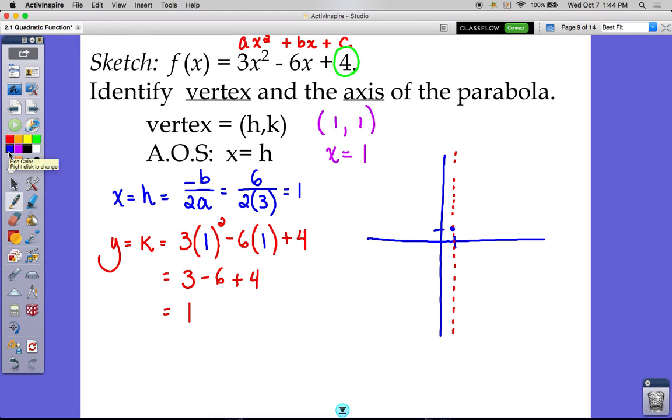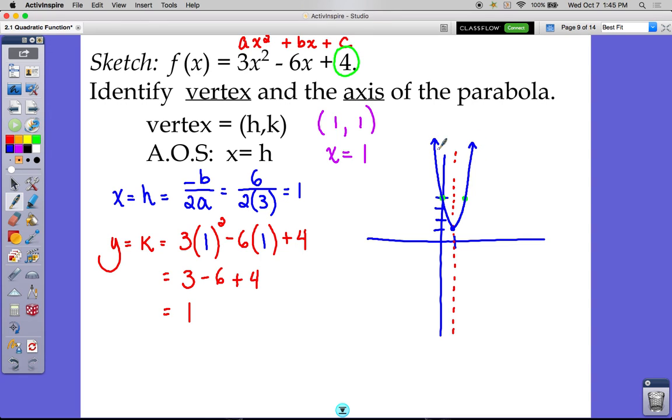So on this graph, 2, 3, 4, I know it also crosses here. But remember, the axis of symmetry helps you locate another point. This is 1 away from the mirror, so on the other side of it I also have another equal point. And then just connect the dots. This is going to be pretty sharp.